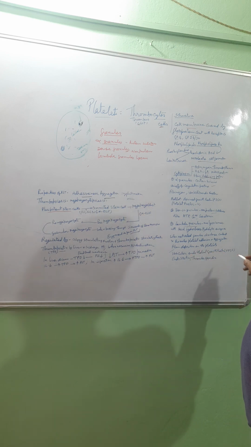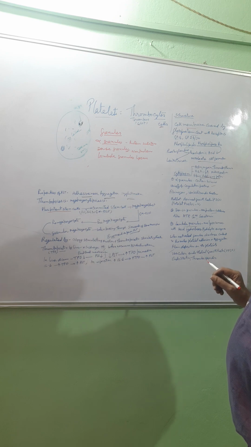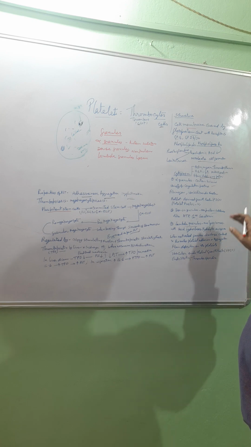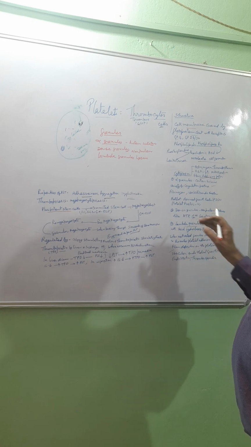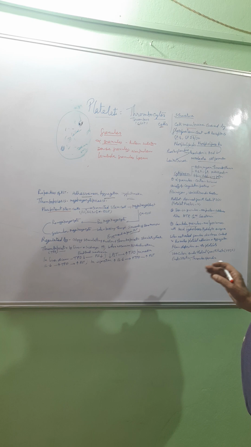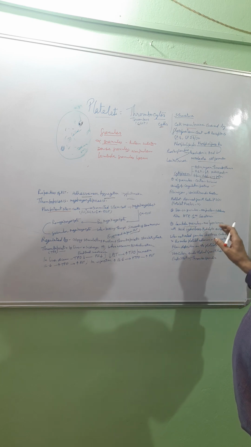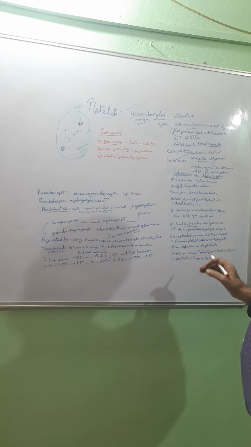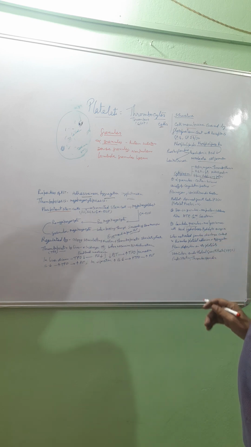Vascular endothelial growth factor, endostatin, and thrombospondin are also present in alpha granules. Dense granules contain non-protein substances like ATP, calcium, and serotonin. Lambda granules are lysosomes with acid hydrolases and other enzymes.